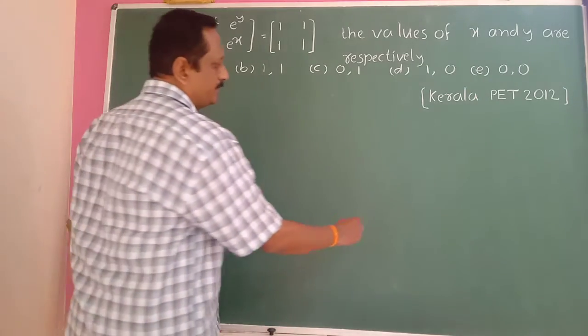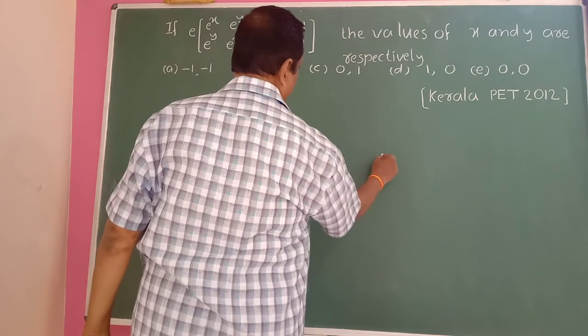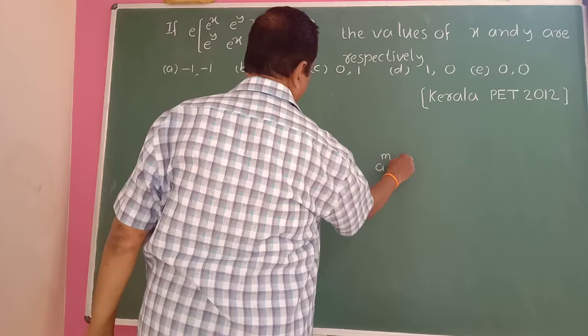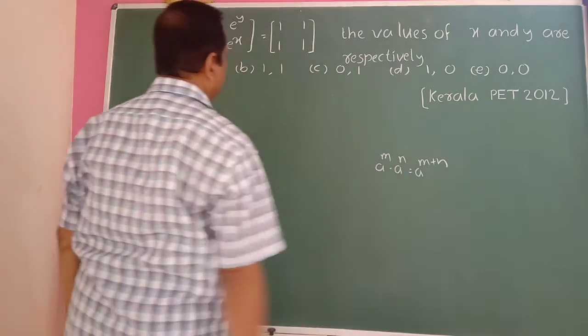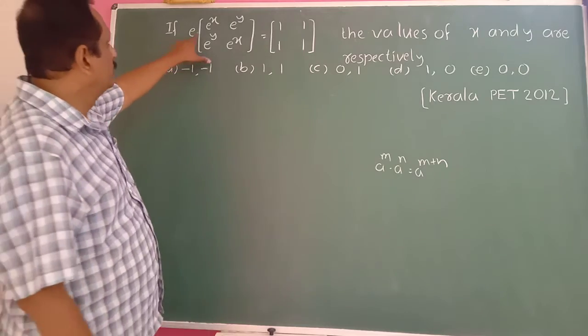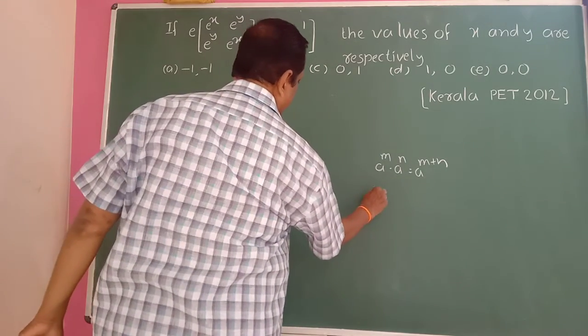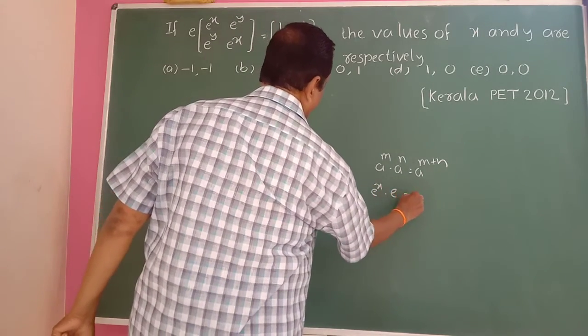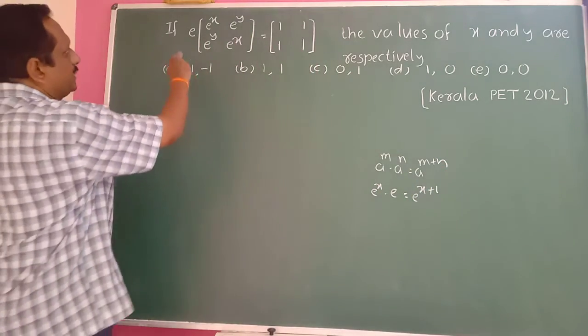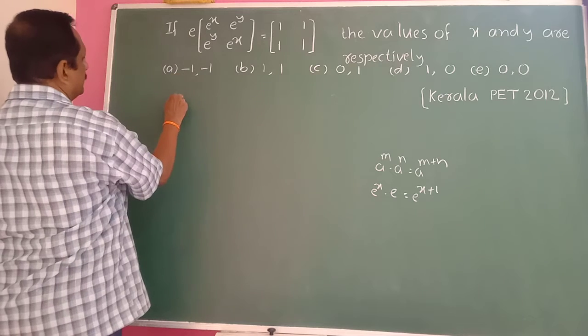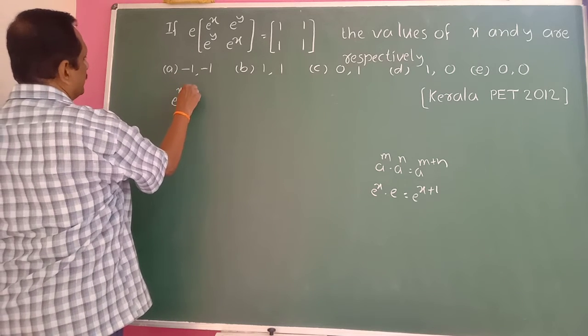You know the laws of indices: a raised to m into a raised to n is a raised to m plus n. Therefore e into e raised to x becomes e raised to x plus 1.